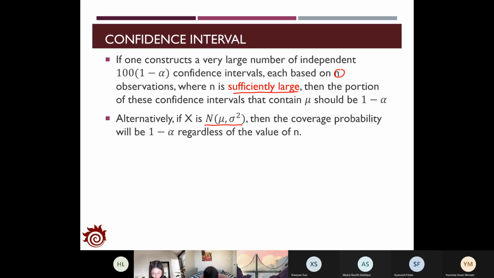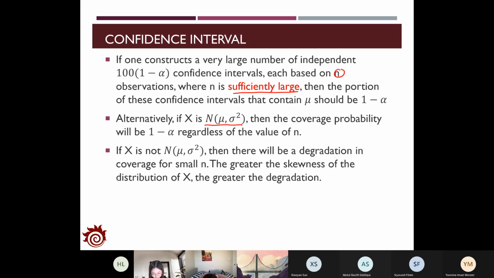Also, if x is not normally distributed, say for some distribution that we collect, the number of samples is not large enough, and the original distribution of x is not a normal distribution, then it's problematic. The t distribution may not be close to the normal distribution, and you will find a larger deviation between the confidence interval you estimate and the actual one.